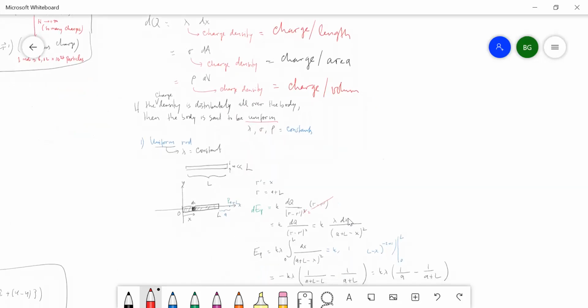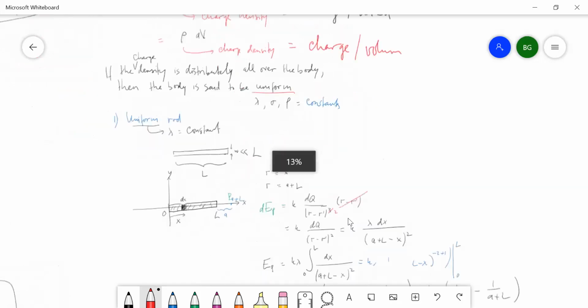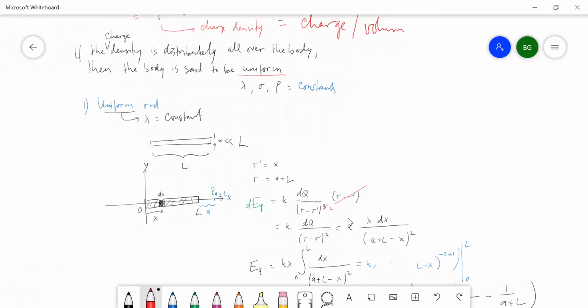So this is the case we will consider. For example, we have a uniform rod or wire. Lambda is constant, which means that the charge is distributed uniformly.